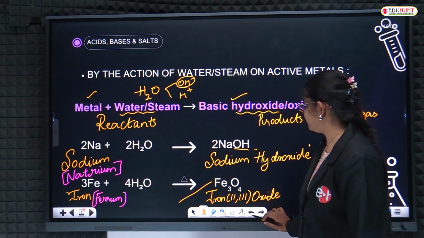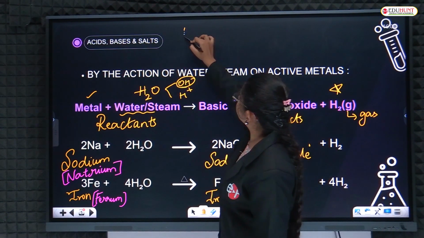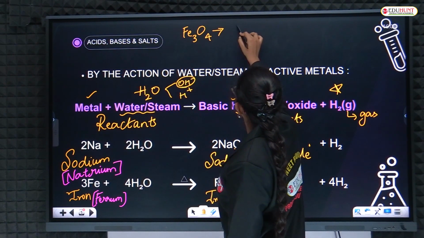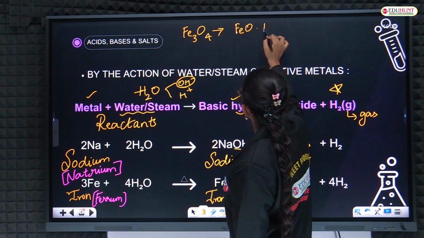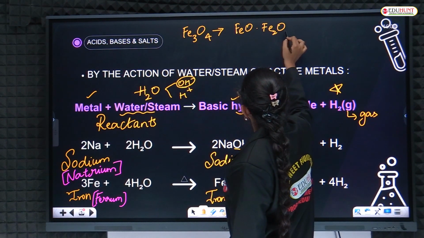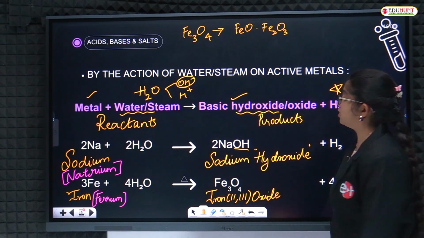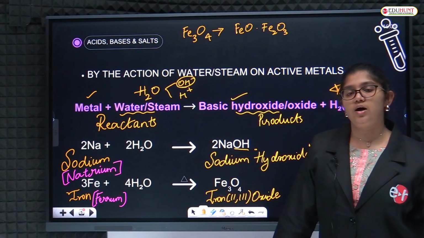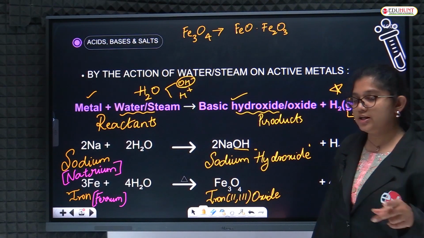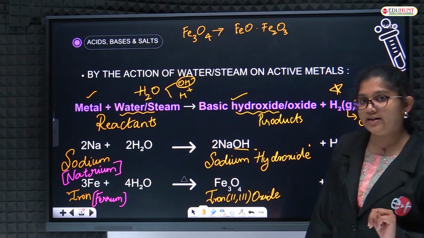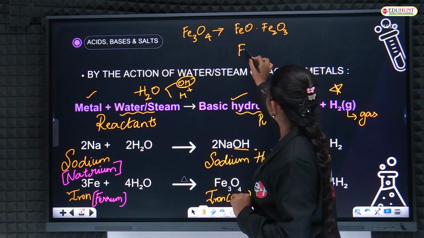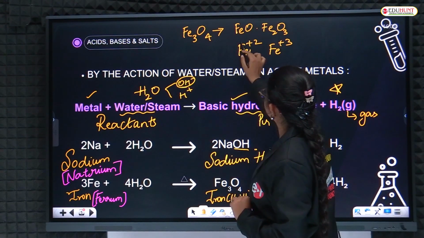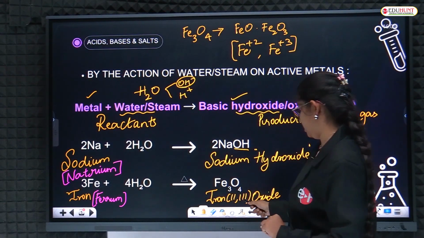In Fe3O4, we can write this as FeO.Fe2O3. So in this particular formula we have 2 ions. What are they? Fe plus 2 and Fe plus 3 ions, cations. That's the reason I'm writing 2, 3 oxide.